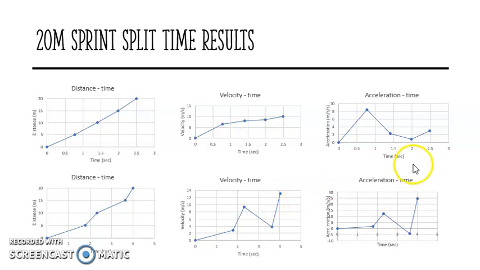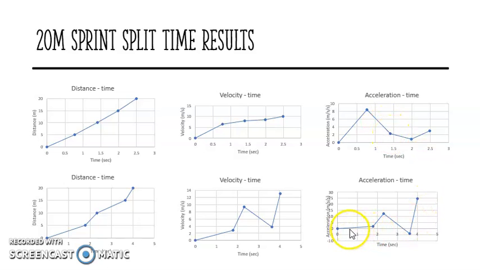And lastly, for the acceleration time graphs, we can see the better performer on the top and the worse performer on the bottom. We can see that in the 2.5 seconds, the better performer sped up really well, accelerated quite fast, a high acceleration, but then does decrease.